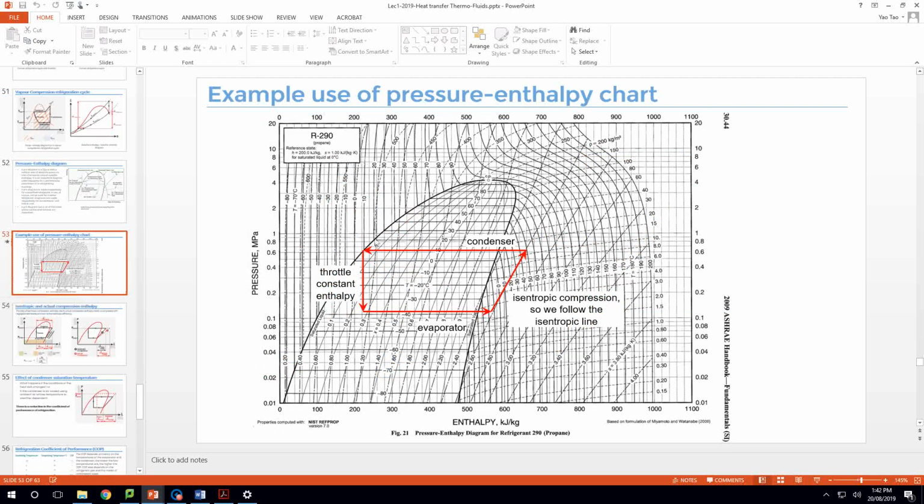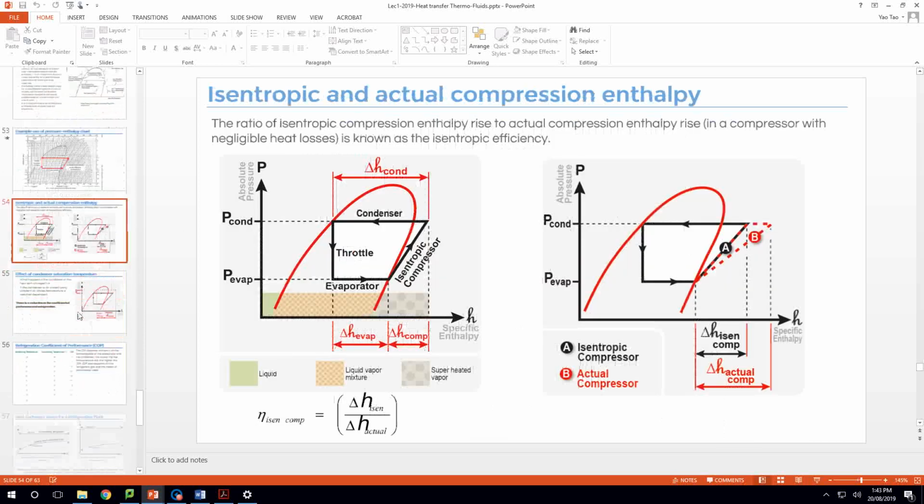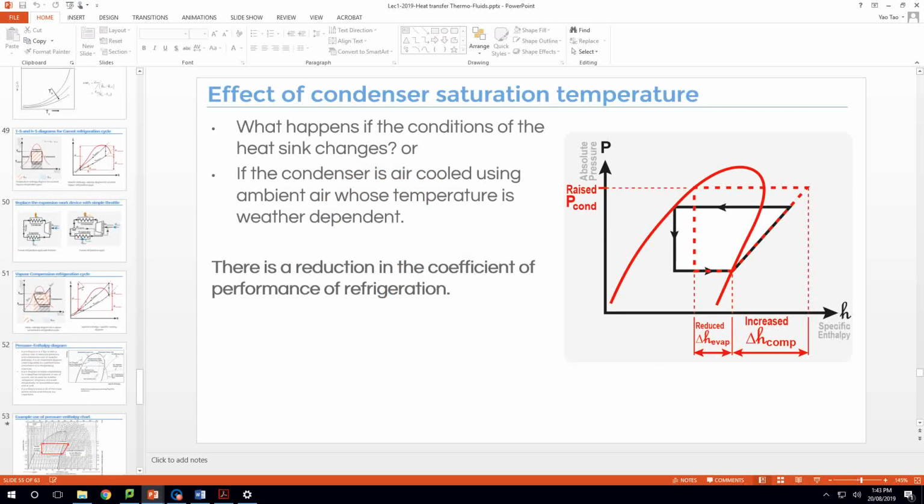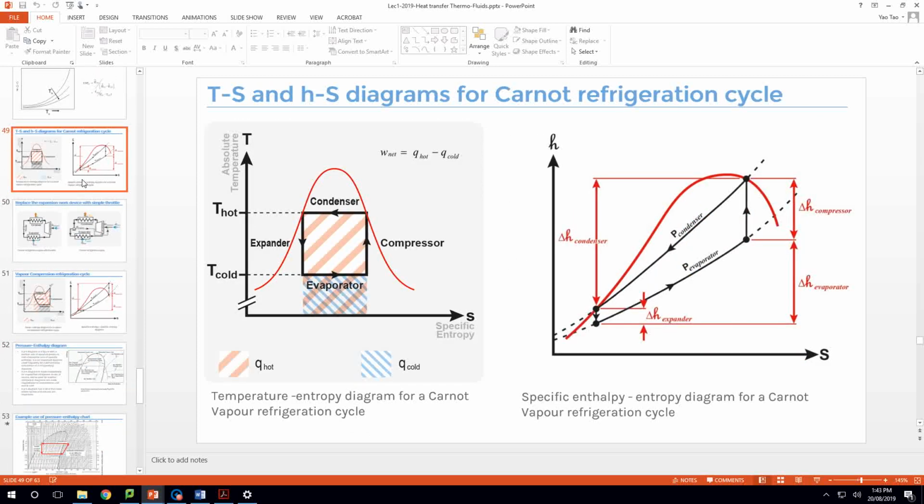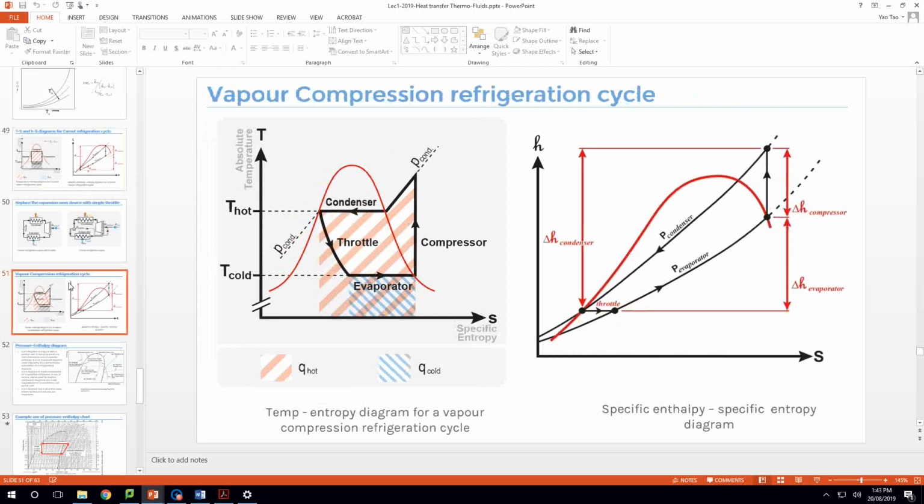For example, on the pH diagram, the horizontal line would be constant pressure, but which one is the constant temperature? That should go vertical, then horizontal, and then vertical again. So you need to get familiar with each section. And also you need to know how to convert between the TS diagram and the pH diagram.